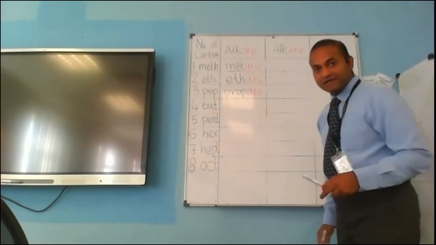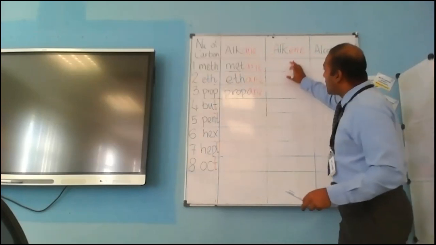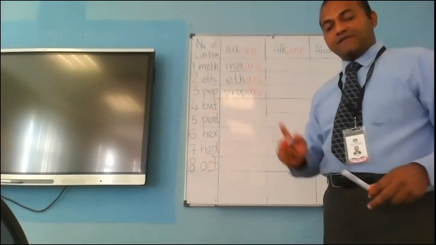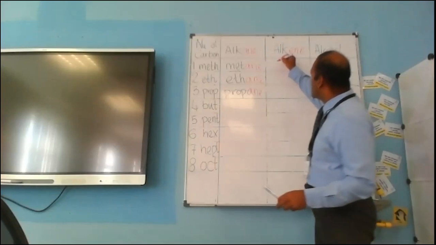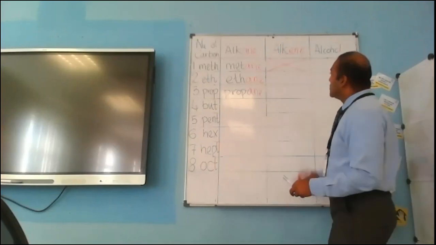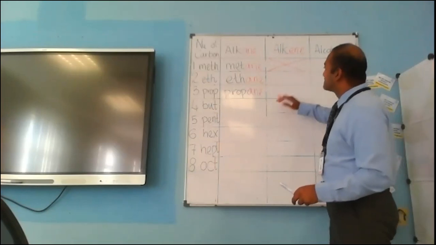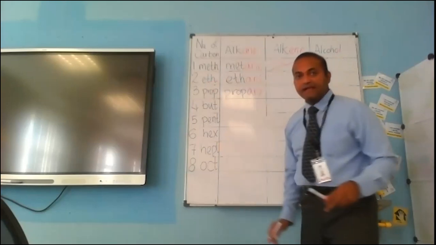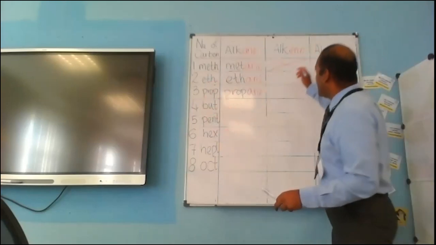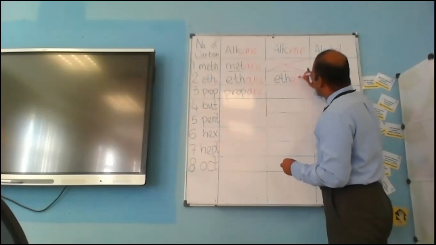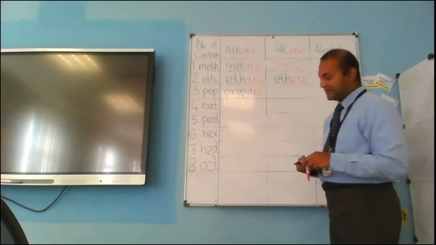In the same manner, we can name for alkene. Now, take note, we don't have a single carbon alkene, therefore we don't have any compound here. Okay, so starting with the 2 carbon. So say, if just now we add up with ETH and A and E, now ETH and E and E. Okay, same.